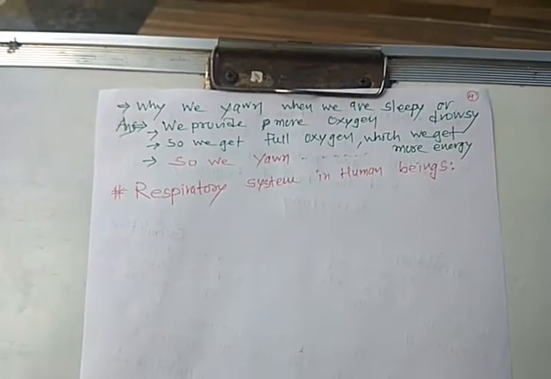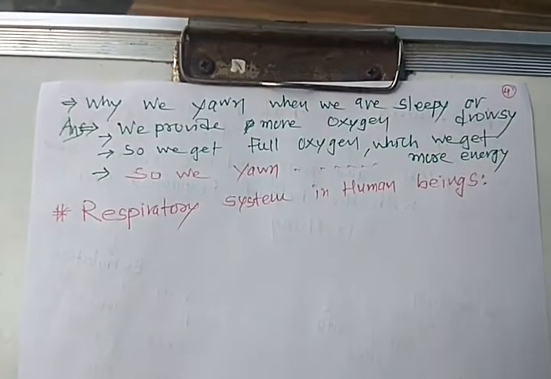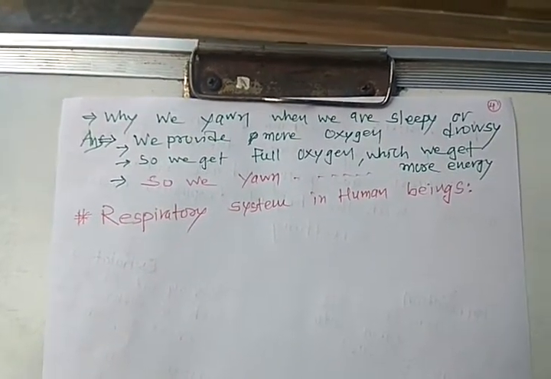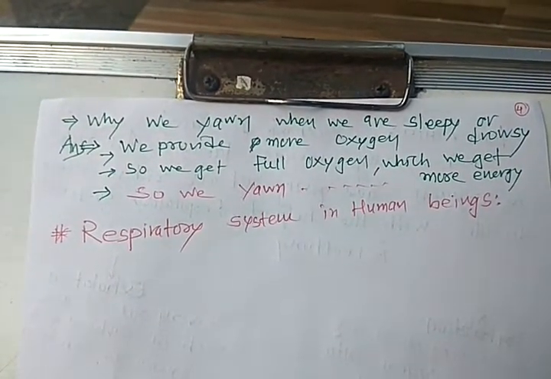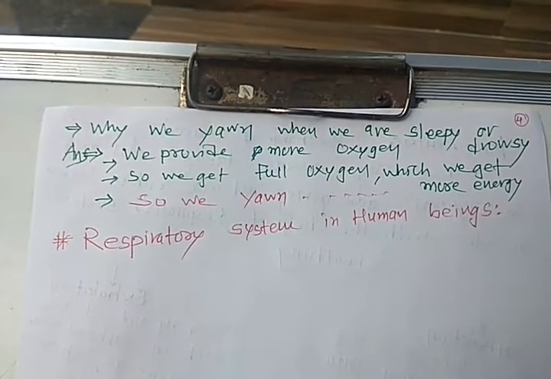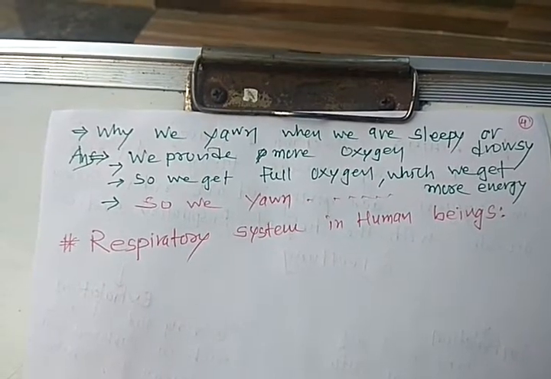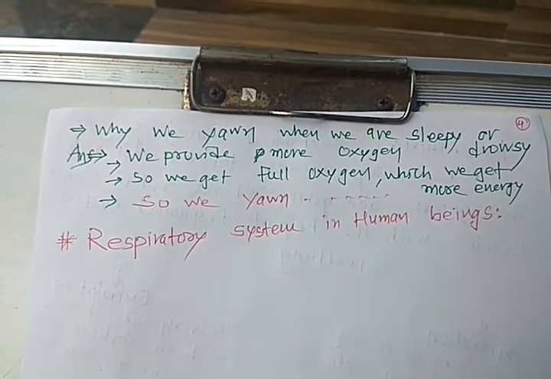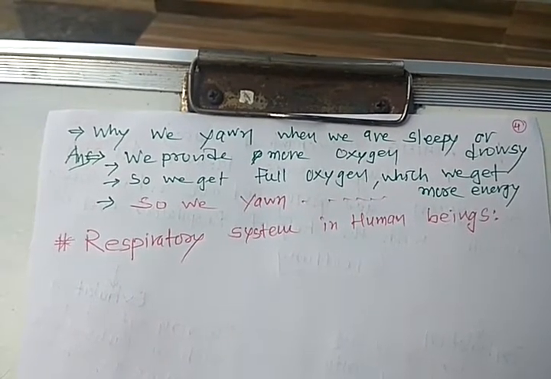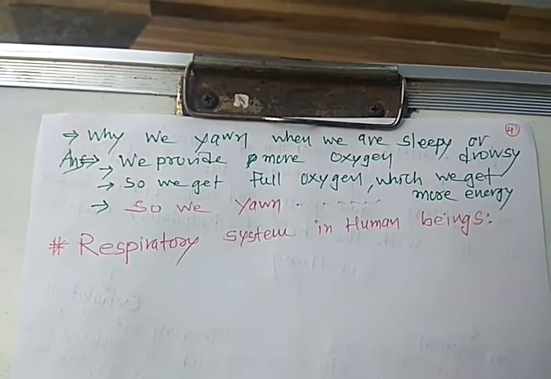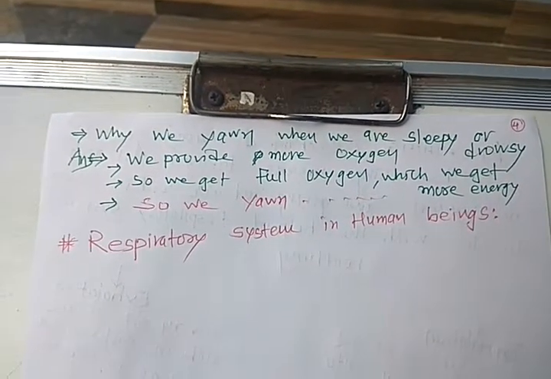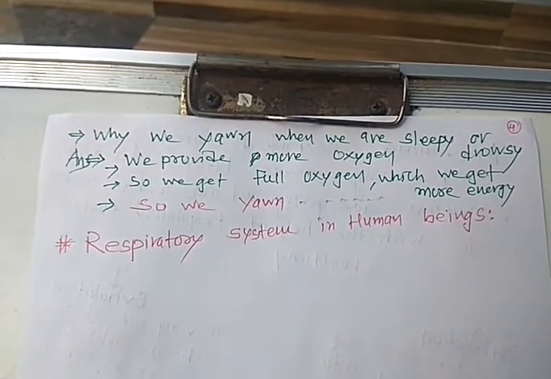Now the next question, why do we yawn when we are sleepy or drowsy? At the time of yawning, we take a deep breath, and due to the deep breath, oxygen reaches the lungs.